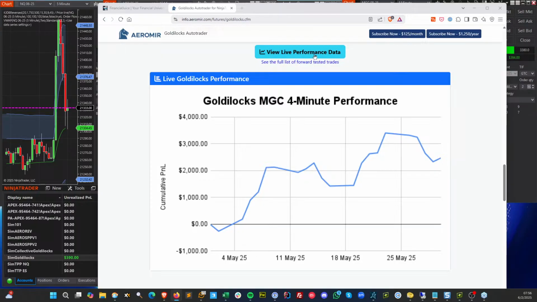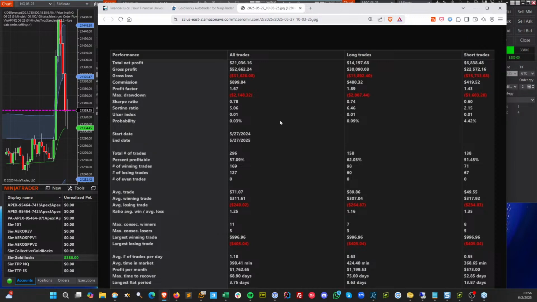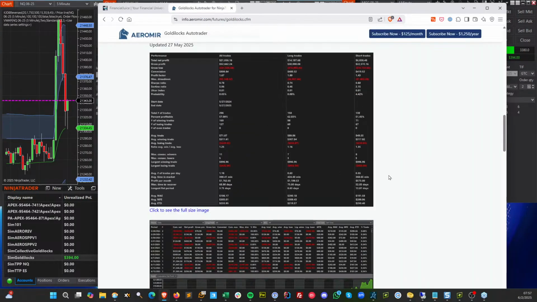And this thing kind of fills the bill here. So if you click on this, you can see over the May 27th of last year to this year, it made 21,000 with a $2,100 drawdown. Nice profit factor, about 57% winners. 1.18 trades per day. Average time in the trade's about 6.5 hours. So it does stay in trades a long time.